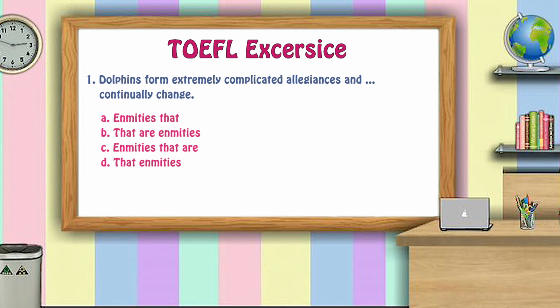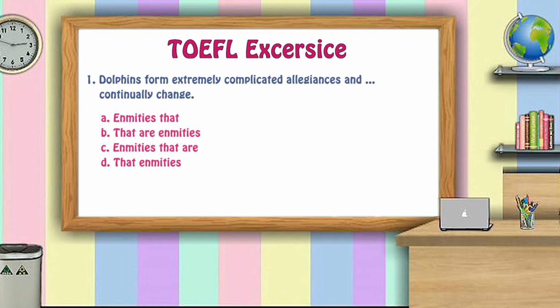Dolphins form extremely complicated allegiances, and then the coordinate connector and. Allegiances is a noun, and then we need another noun, so it must be amenities. Now let's see A or C. We have to see passive or active. Change is verb 1, so it must be active.